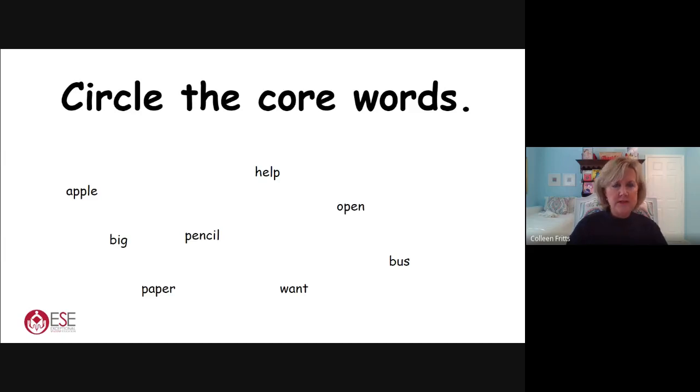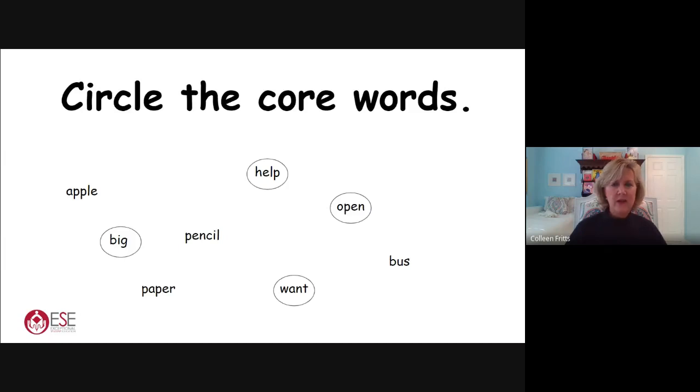So here are some words. Take a look at these words and go ahead and pick out or circle with your finger the ones that you feel are the core words. So you can see the words apple, big, pencil, paper, help, open, bus, want. All right, here they are circled.